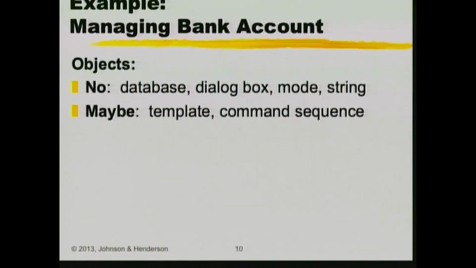The user is trying to operate a bank or manage a bank account. The task domain is managing bank accounts. The task domain is not operating a computer. So these are foreign objects. They should not be in the conceptual model, even if they are in the object model of the programmers. Does that make sense? Okay.